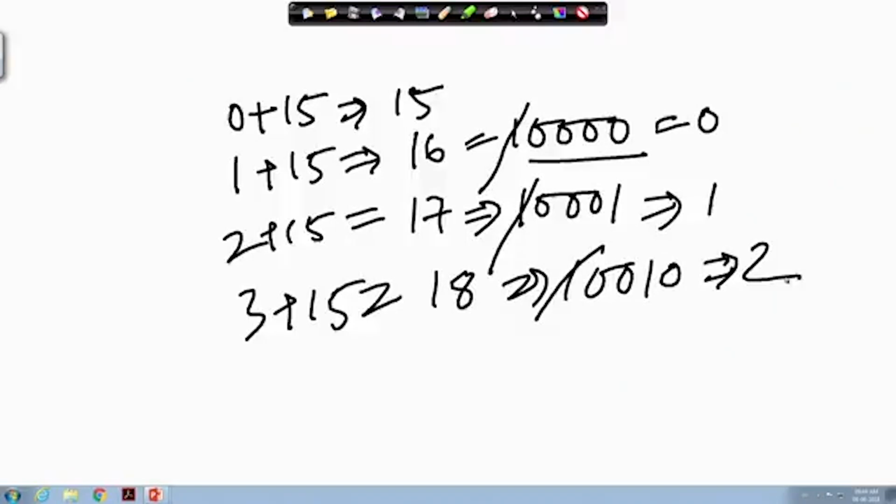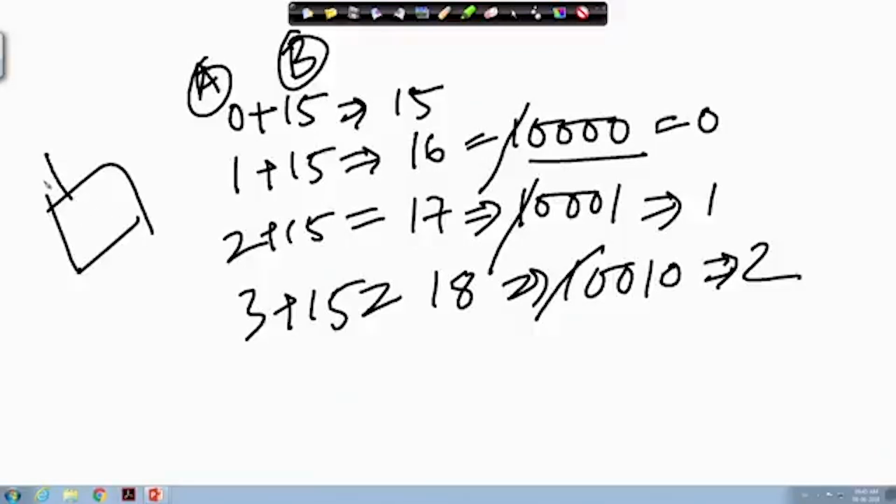So, this is my input A, and this is my input B. If B is fixed to 15, then the corresponding addition with the full adder circuit acts as a decrementer. In the incrementer design, I set the B values to 1 and got the corresponding expression for the incrementer.